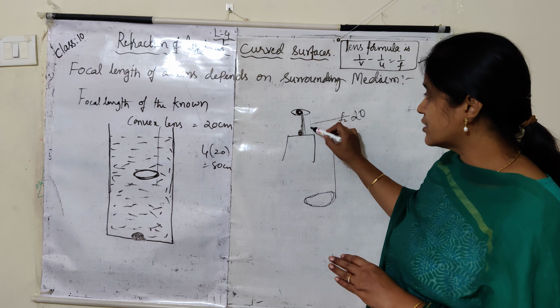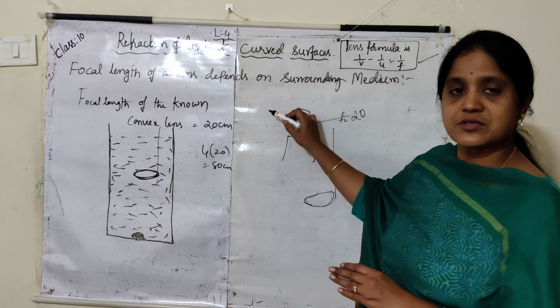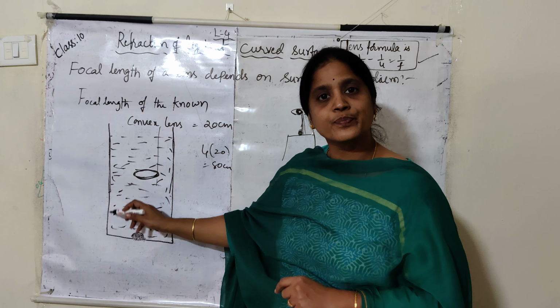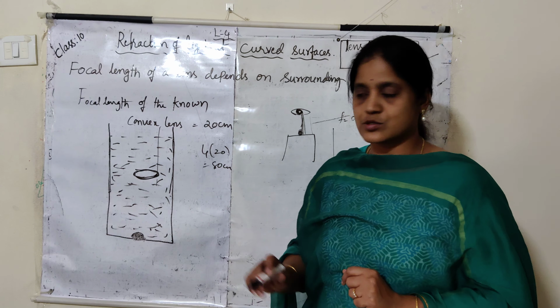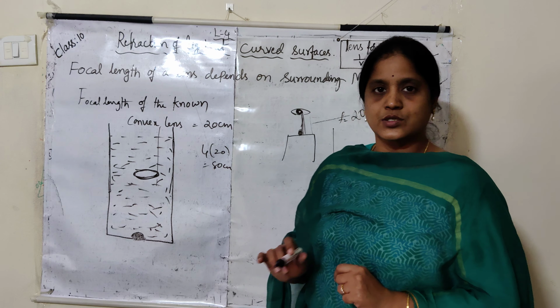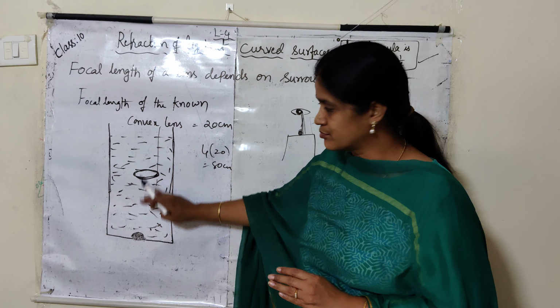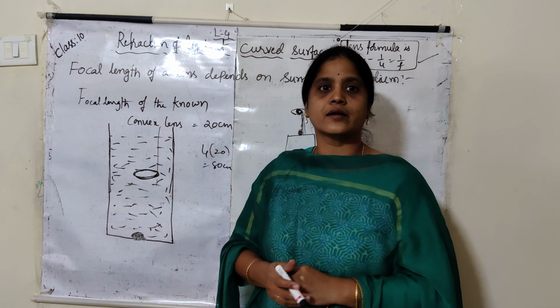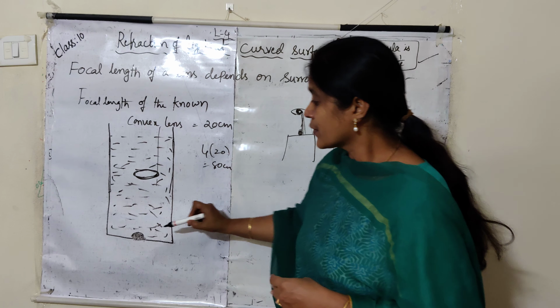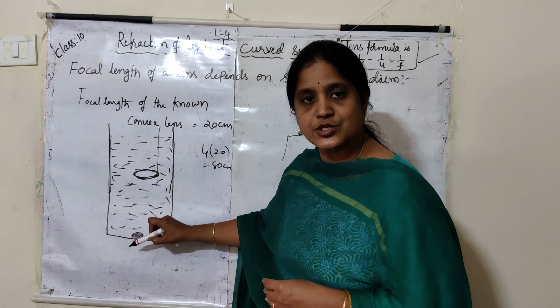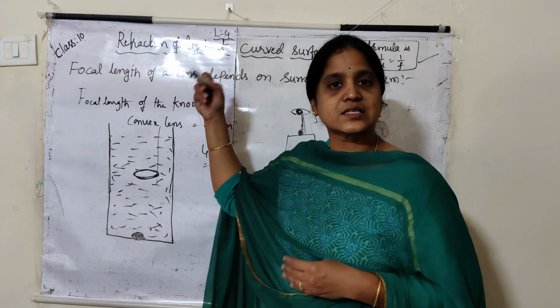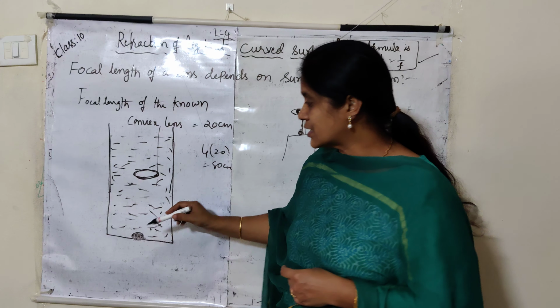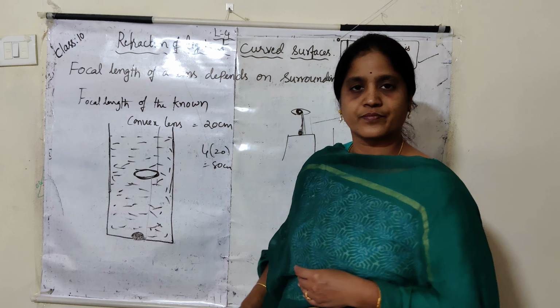In air we found the focal length earlier; here we find it in the water medium. Adjust downside and upside. At a certain height you can find the image of this black stone through the convex lens. Measure that distance.